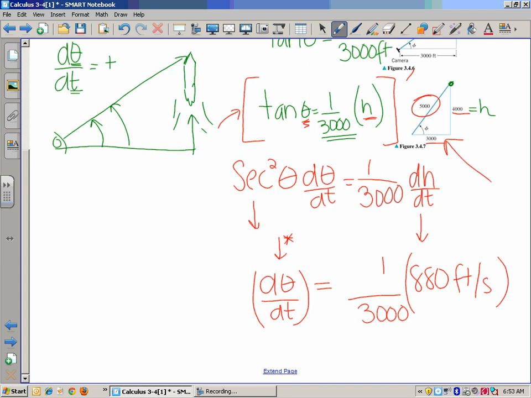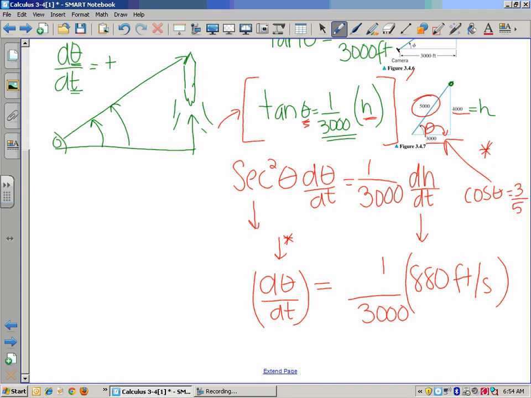And now secant squared. So now I have to go back to my pre-calc, and I have to say, well, what is secant? Secant's 1 over cosine. So now I'm coming to my picture, and I look at the cosine of theta. Remember, this is my theta. And so I say the cosine is the adjacent over the hypotenuse.